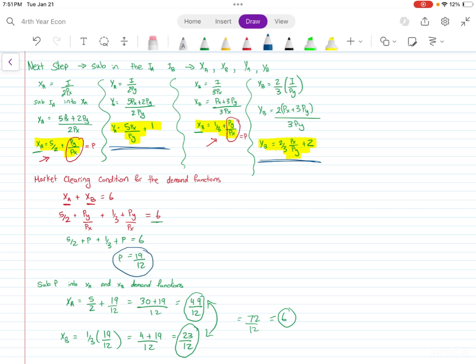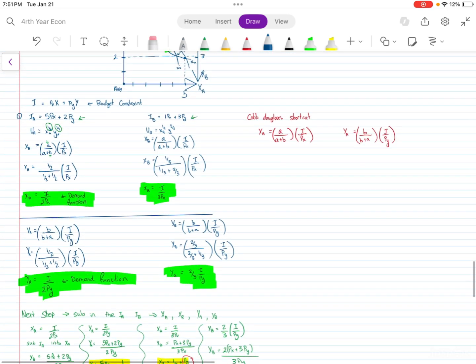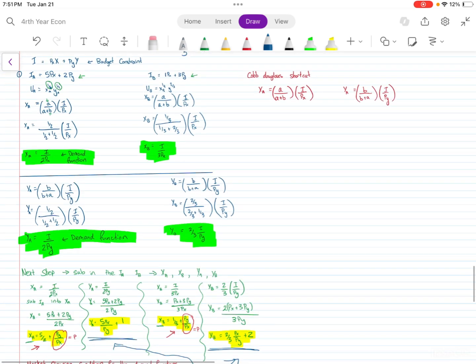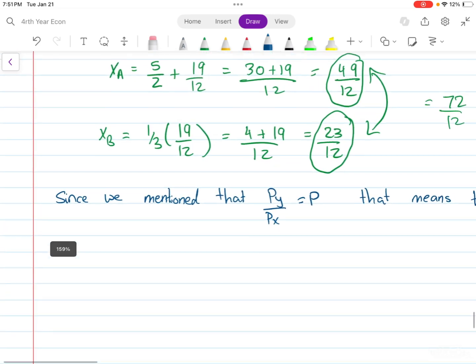Since P is equal to 19 over 12, then 1 over P is equal to 12 over 19. And we can sub this term into these functions to figure out the Y quantity for each. And at the end, we're going to check that it satisfies the market condition, because in total, both of them can only consume 5 units of good Y. So let's go ahead and do that.